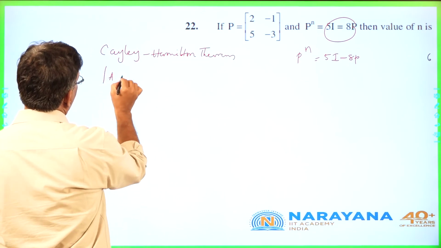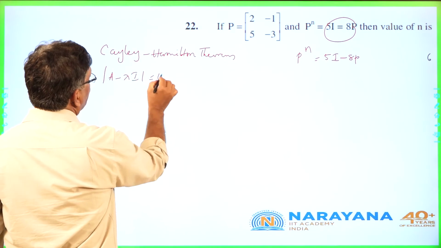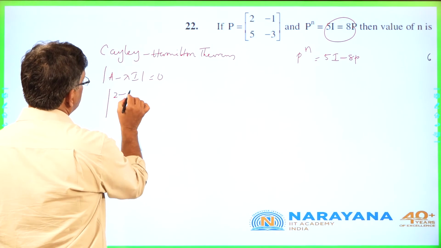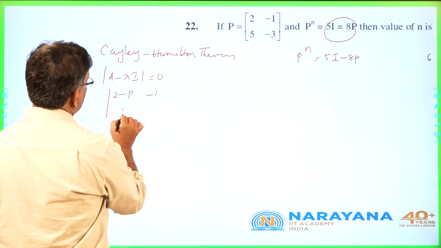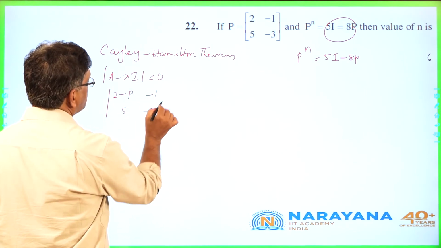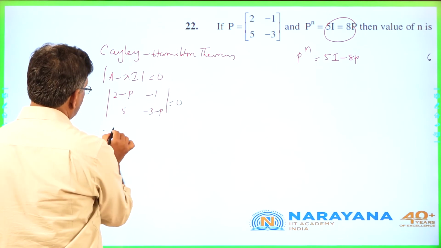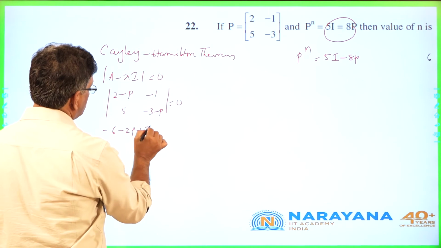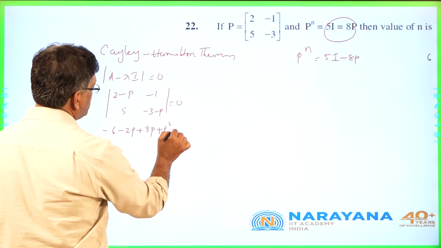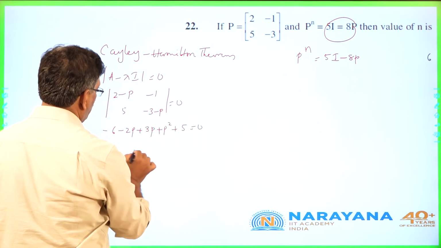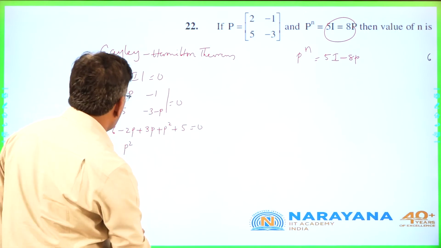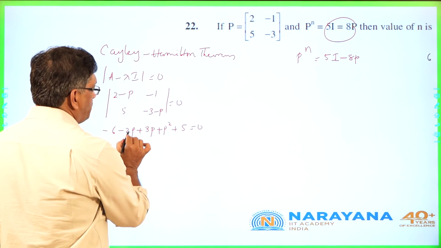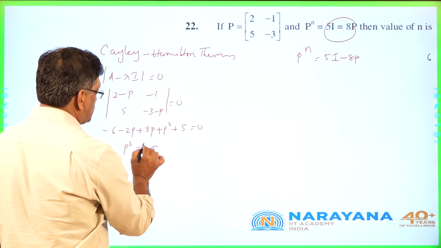What it says is determinant of A minus lambda I equal to 0, that is 2 minus p, minus 1, 5, minus 3 minus p. It is minus 6 minus 2p plus 3p plus p square plus 5 equal to 0. p square, 3p minus 2p is plus p, send it to the other side.